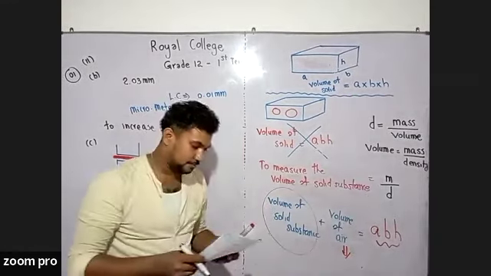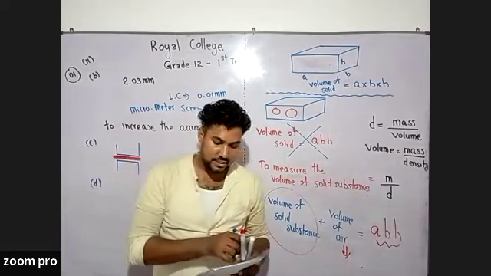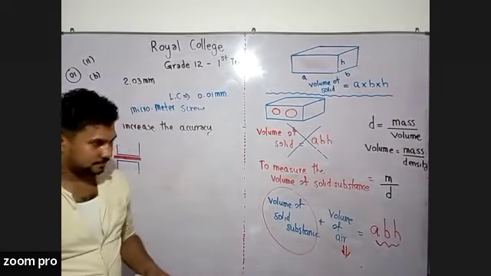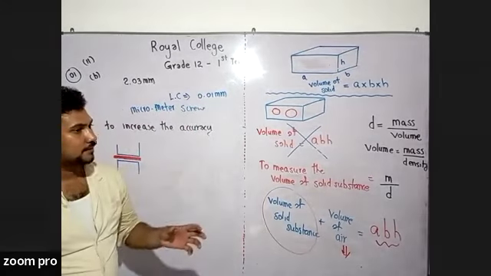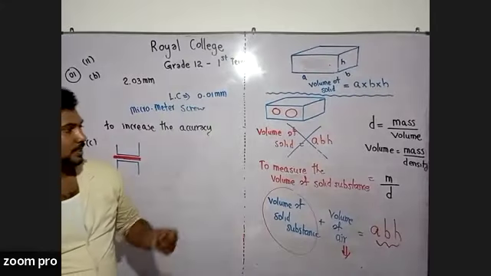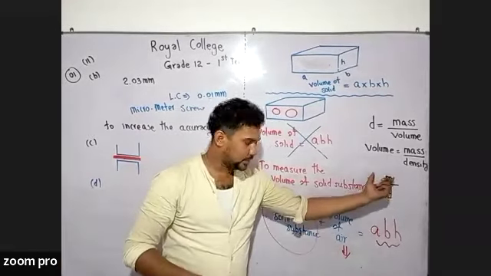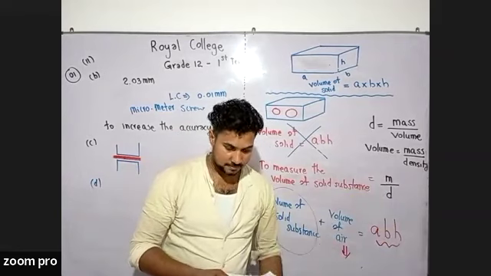So what is the additional data and the additional measurement needed to calculate the volume? The additional data should be the density and the additional measurement should be the mass.